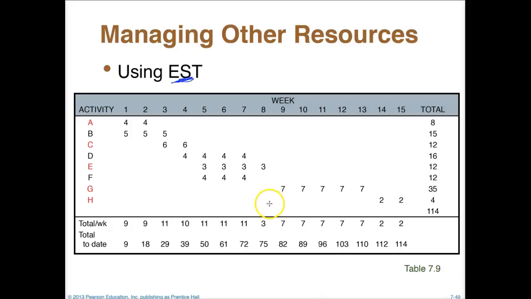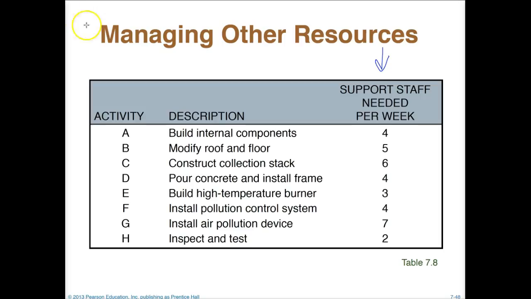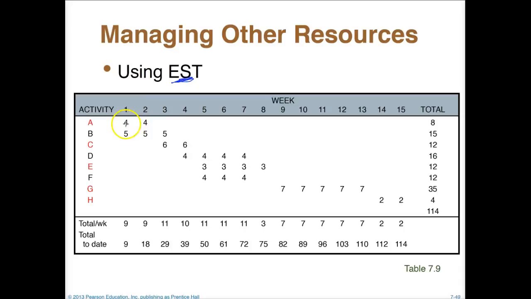And so that should make total sense. Again, just like how we did with the cost per week for the budget, we see here that we're using this many people per week. So that's why for activity A, it lasts 2 weeks. We're still using those same 4 people.